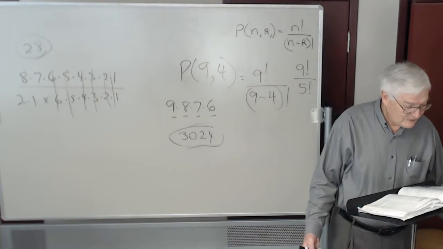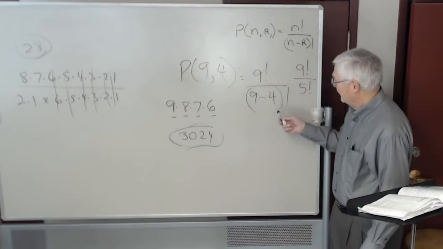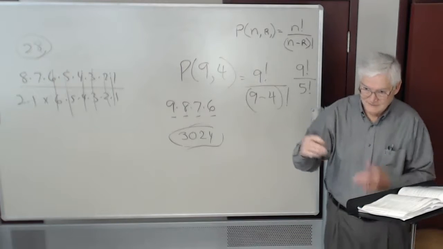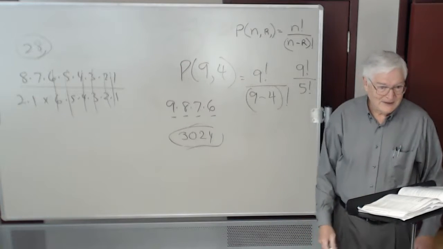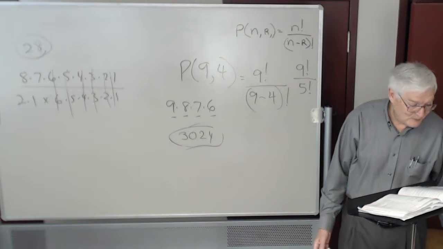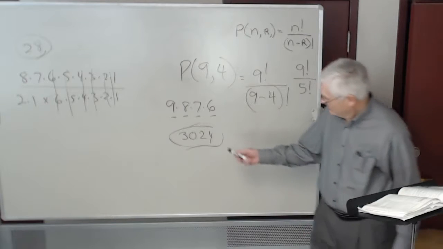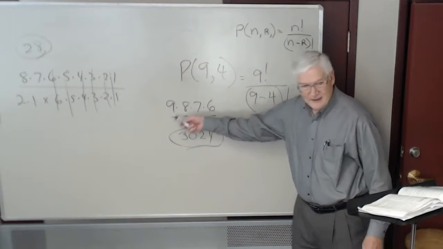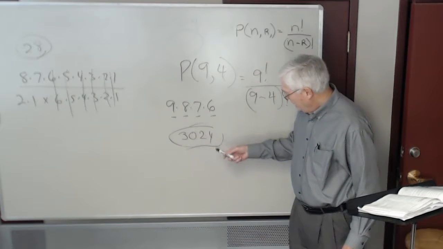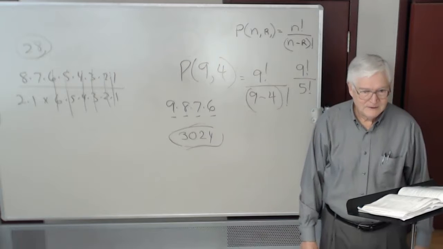So, not only do you have to know, I guess you say, I'll just use the formula every time because I've got a factorial thing on my iPhone that I can use. But do you understand that when you're doing that, if you're thinking about what's going on here, I'm just kind of making sense out of it with 4 chairs, 9 people, and I come up with 3,024 possibilities.